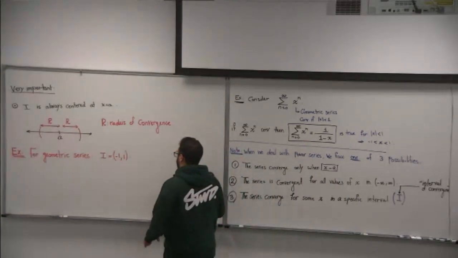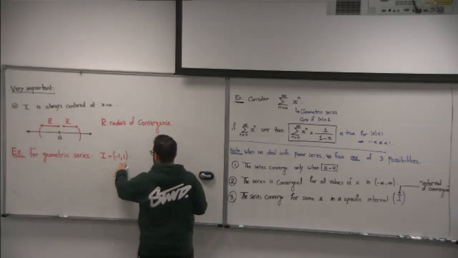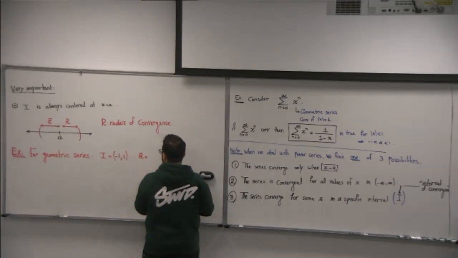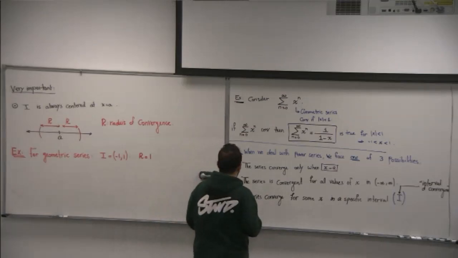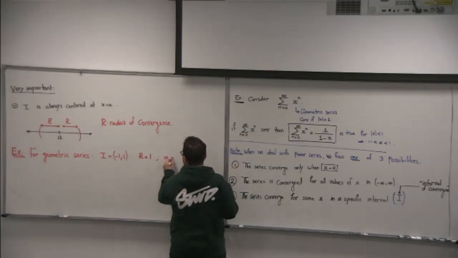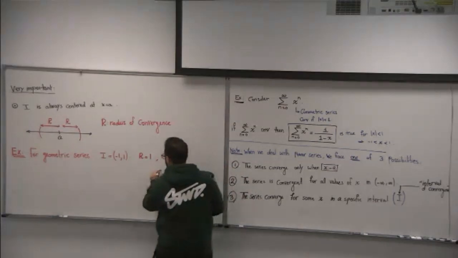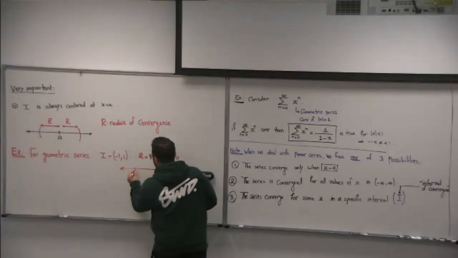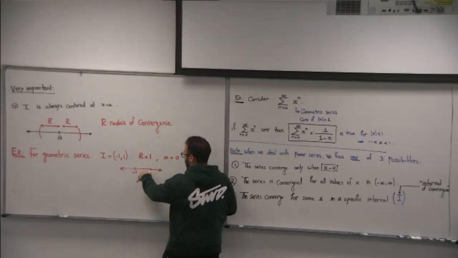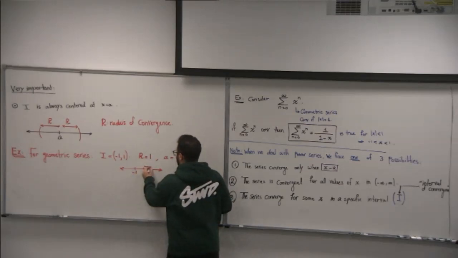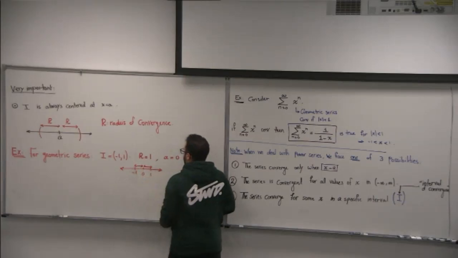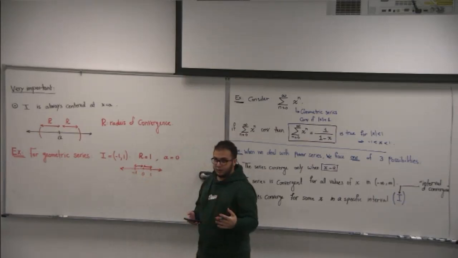So by just looking at the interval, I can deduce that the radius of convergence is 1, and the center is 0. By just looking at the number line, I have -1 to 1. What is the middle point between them? That's 0. That's the center. It's the middle point of the interval. And the radius is the distance between the center and the end, or the center and the beginning. And R is always a positive number.